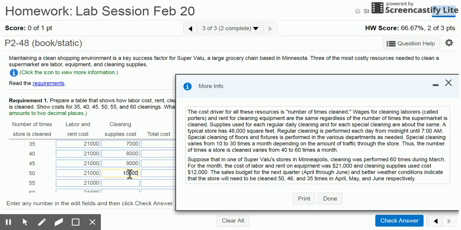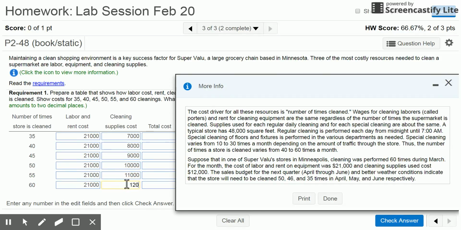And if you want to calculate that directly, just multiply the number of times that you clean the store by $200, and you will get the same number, 11,000, and the last one is 12,000. And the total cost is just the summation of these two numbers, 28,000.